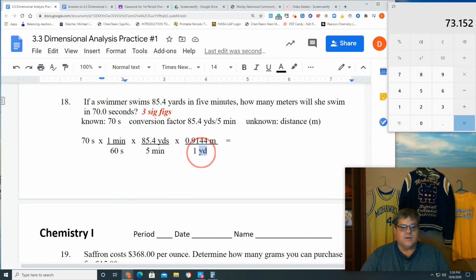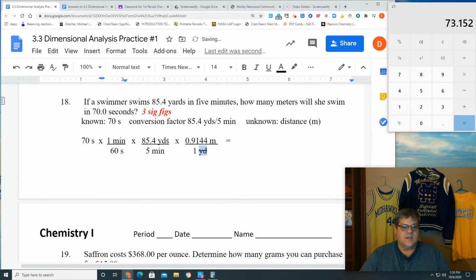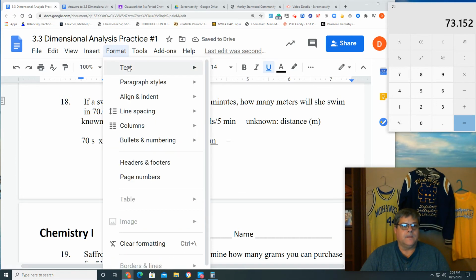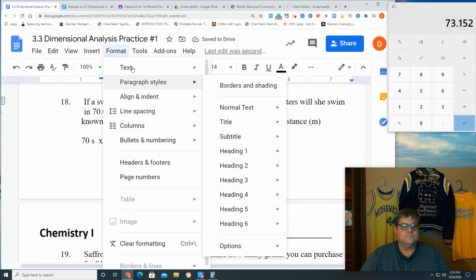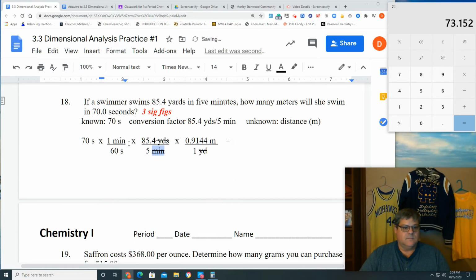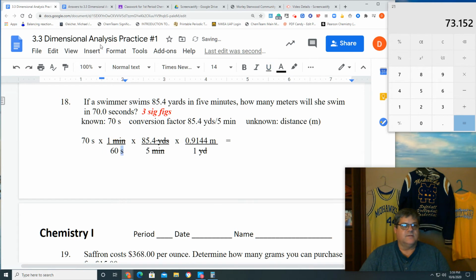We take our yards straight through since I have it on top and bottom, then our minutes, and our seconds.